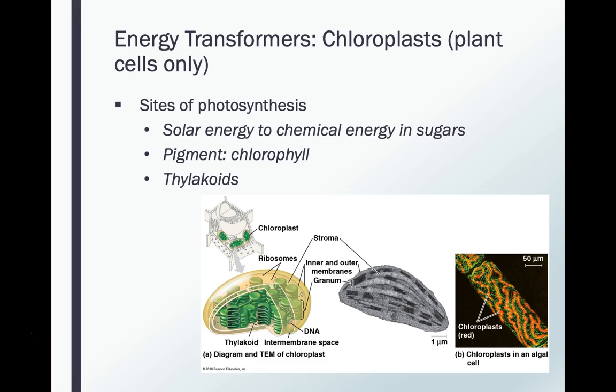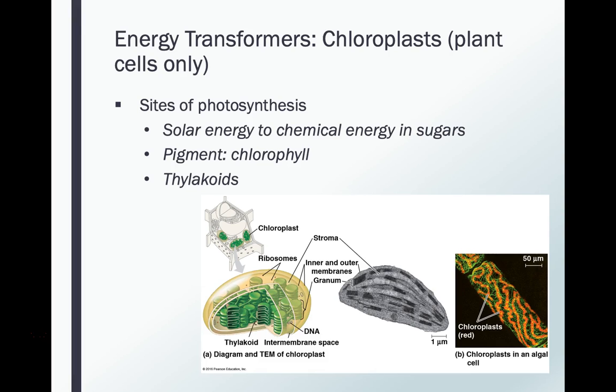The main component of the chloroplast is the pigment chlorophyll. This is the molecule that's actually absorbing the sunlight energy and kicking off that process of photosynthesis. The chlorophyll is found in structures called thylakoids, and if you look down on the bottom, you can see those green folded membranes, the thylakoids.